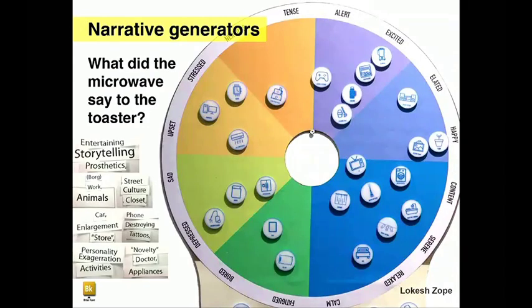In order to do that, we create these tools that are narrative generators. So we use this in class. That big circle is one that a grad student of mine designed. It's a tool that we can use to create new narratives, and it's just to get us thinking. So, what did the microwave say to the toaster? These are the stories that we want to actually think about. That's a complicated question, right? What you have here is, around the outside, the core human emotions.